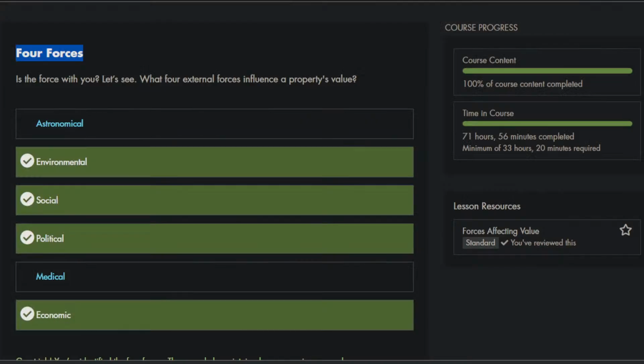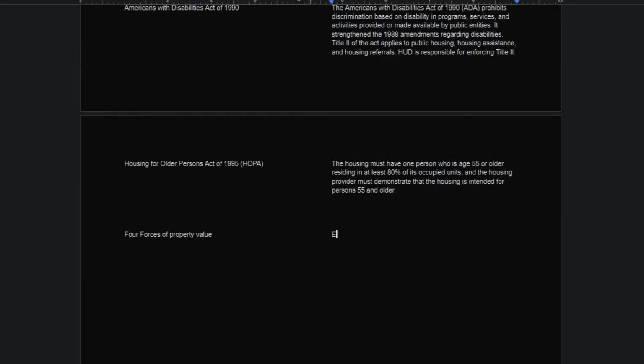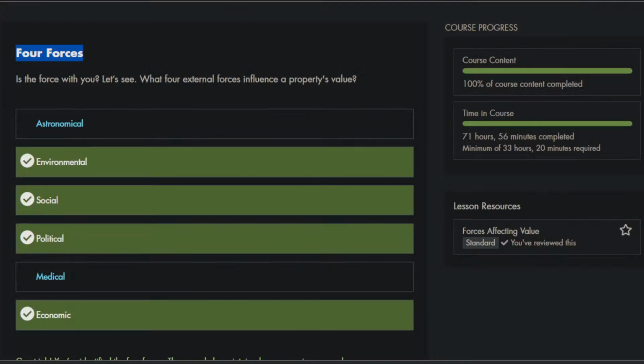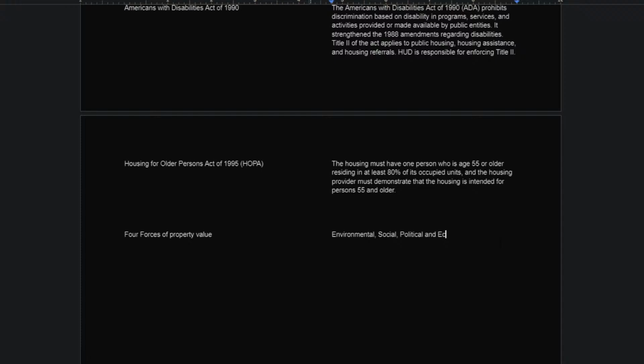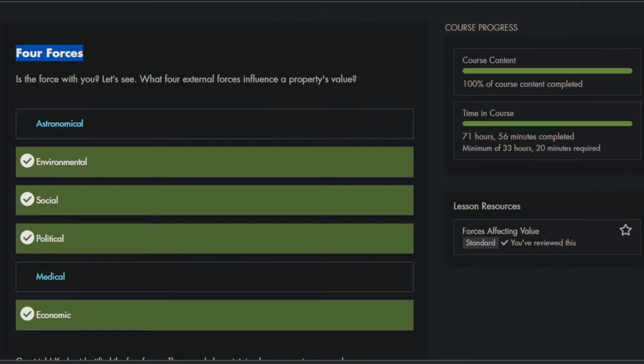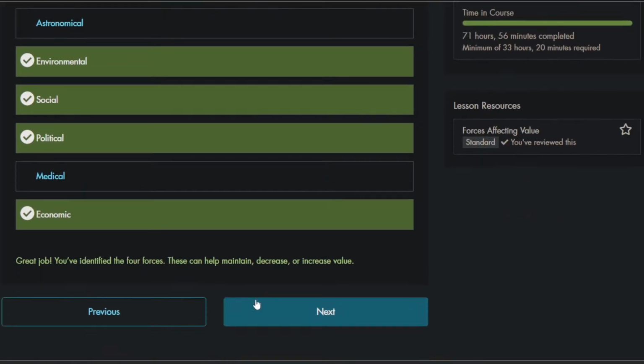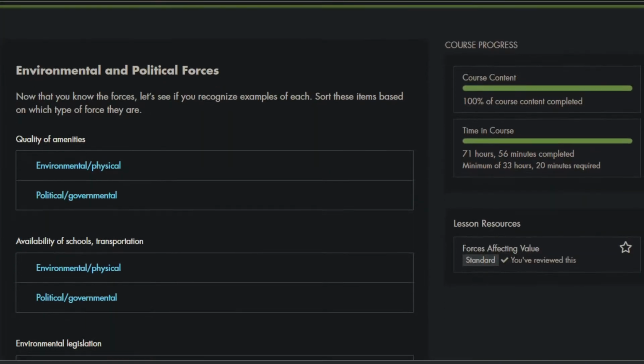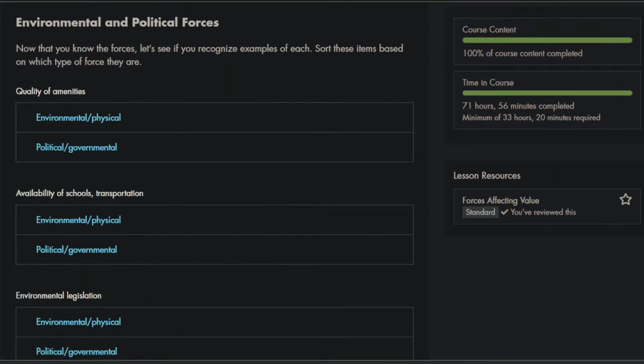All right. So environmental, social, political, and economic. Can I type today? Maybe. I want to make those quick notes as I see that I know I'm going to remember. I need to remember things. All right. Environmental and political forces.